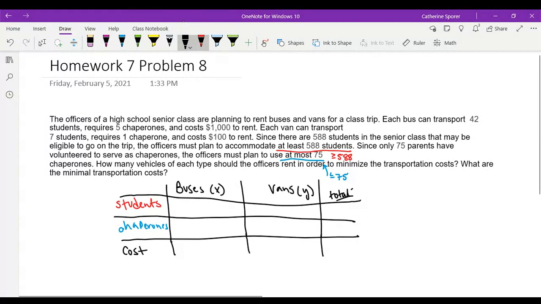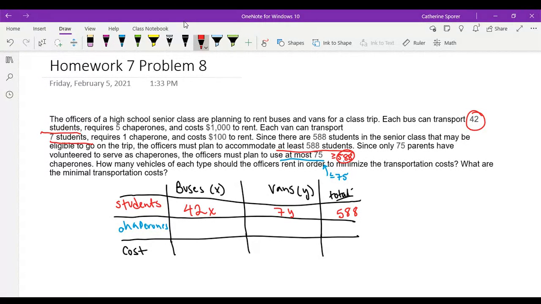Okay, so for the buses, we can fit 42 students on a bus. So 42 students times X, the number of buses. And we can fit 7 students on a van. So 7 students times however many vans we get. And we need to accommodate the total number of 588 students.